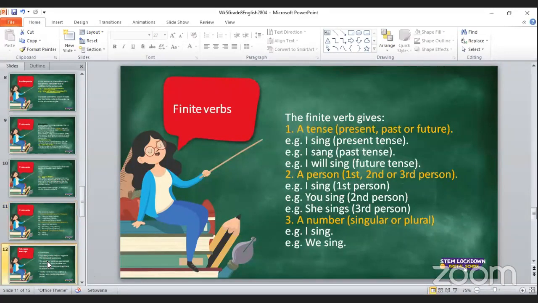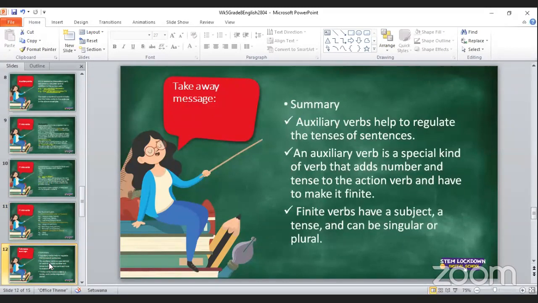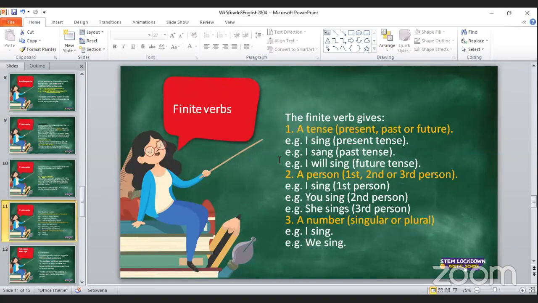Let me summarize. In today's lesson, we have a homework I'm going to show you in a moment. So yes, there is a third person, Azania, like we have demonstrated here that a finite verb gives us these. Remember, a person is defined as first, second, or third.